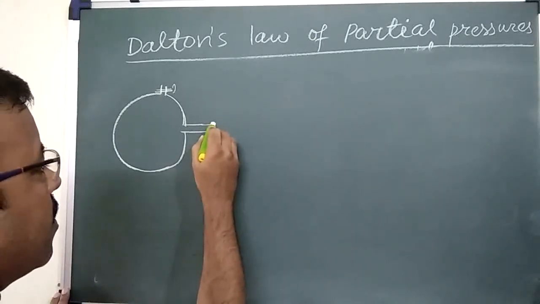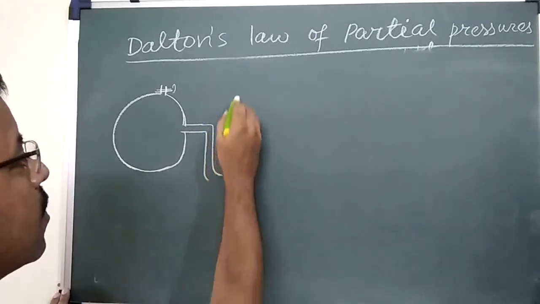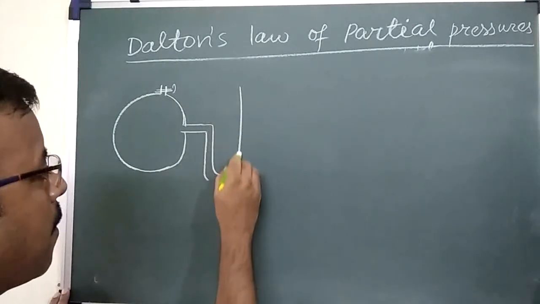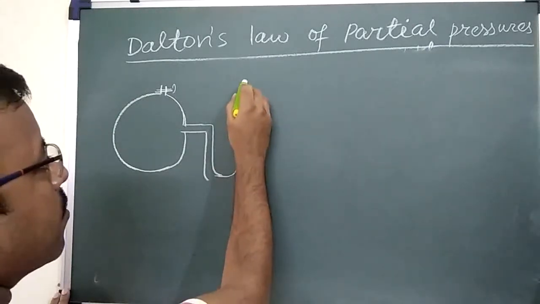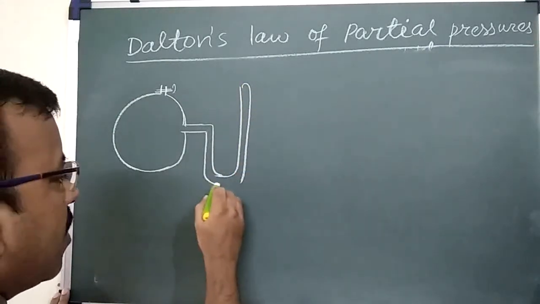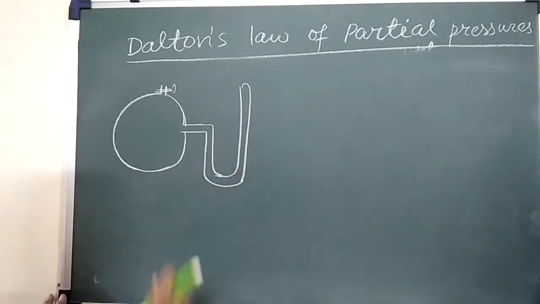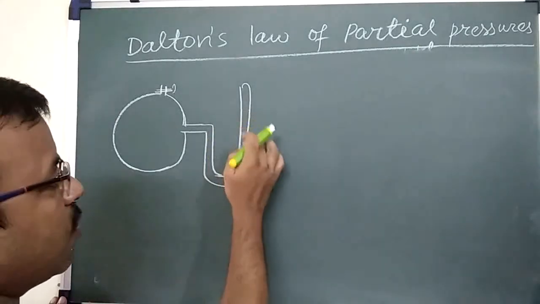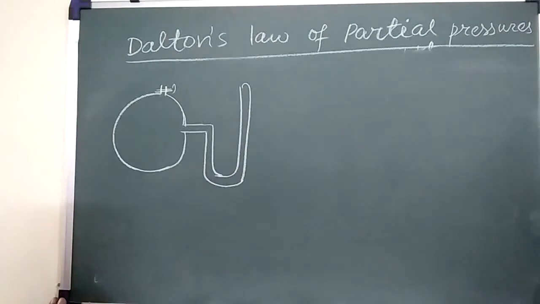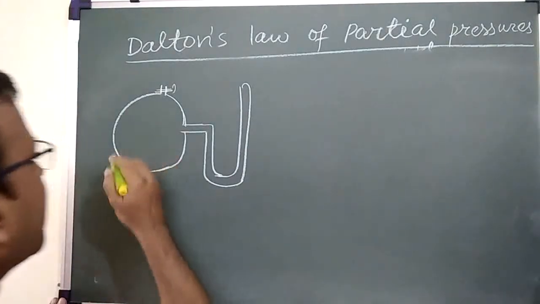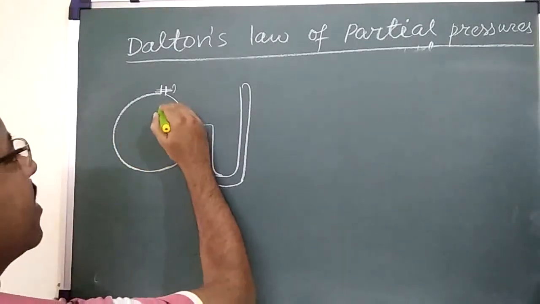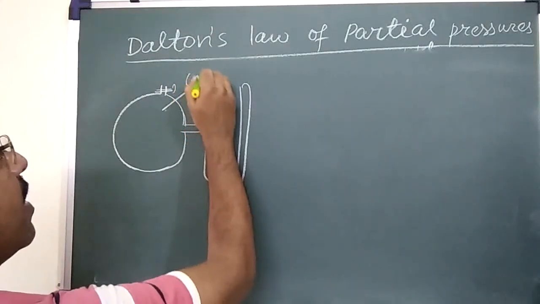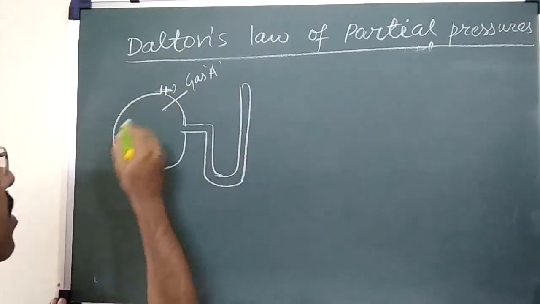Here you see, this is the U tube. It is already graduated in centimeter so that we can see the height of the mercury. Gas A is trapped in this container.